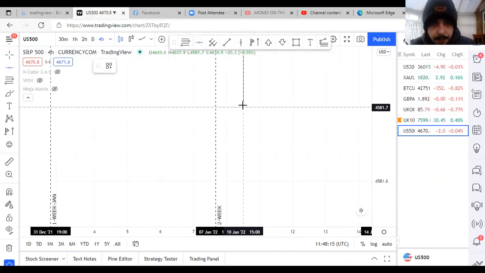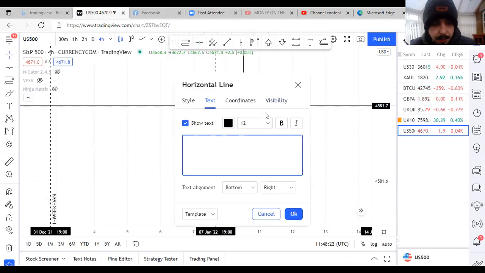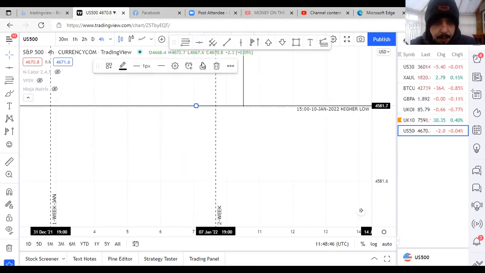Okay. And that is 3 o'clock in the afternoon on the 10th of January. And that is a higher low. Lock it off.